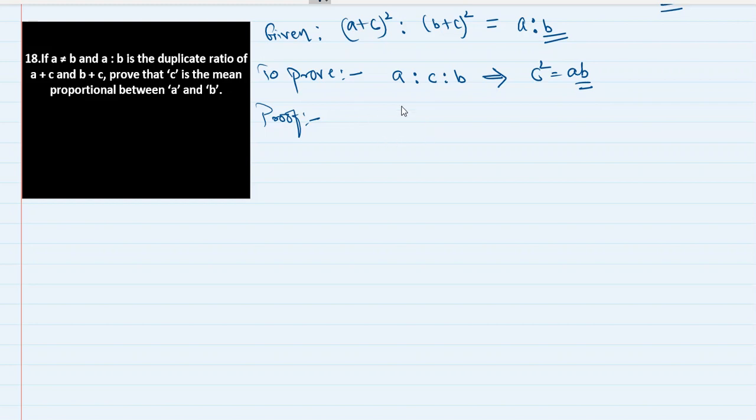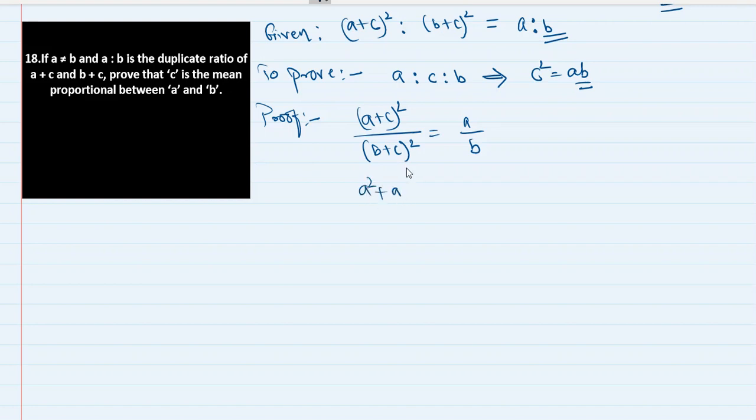Now let us write it in a fraction form. So A plus C the whole square upon B plus C the whole square is equal to A by B. A is to B is the duplicate ratio of A plus C and B plus C. Let's open the bracket and see what happens.